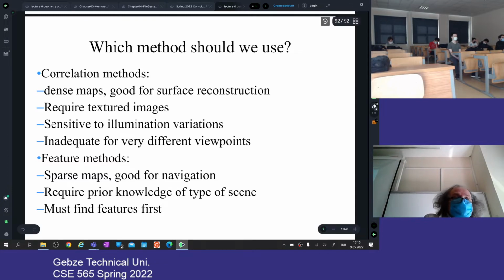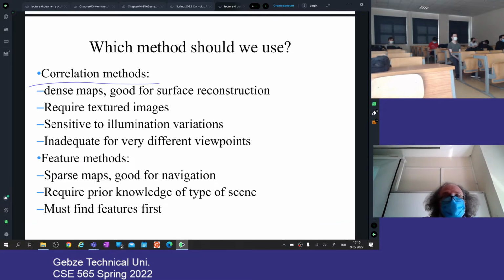Okay, dense maps are good for surface reconstruction. If you like to reconstruct the whole surface, then dense maps are good. Then you should do it. But the dense correlation-based methods, the windowing-based methods, will not work if you don't have textured images.